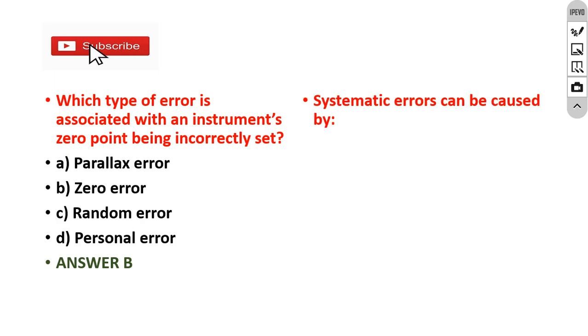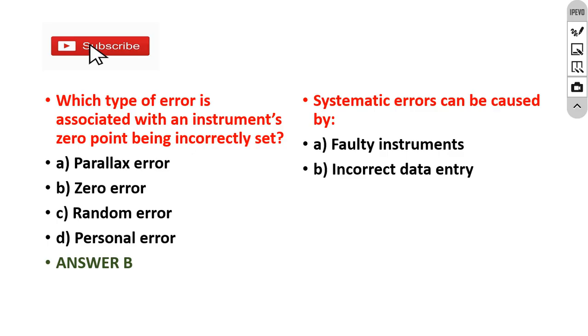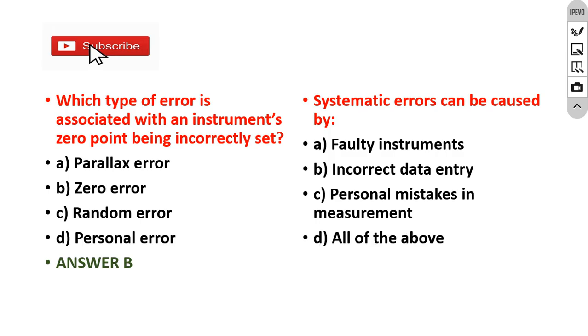This one says systematic error can be caused by: A. Faulty instruments, B. Incorrect data entry, C. Personal mistakes in measurement, D. All of the above. The correct option is option A. So systematic error can be caused by faulty instruments.